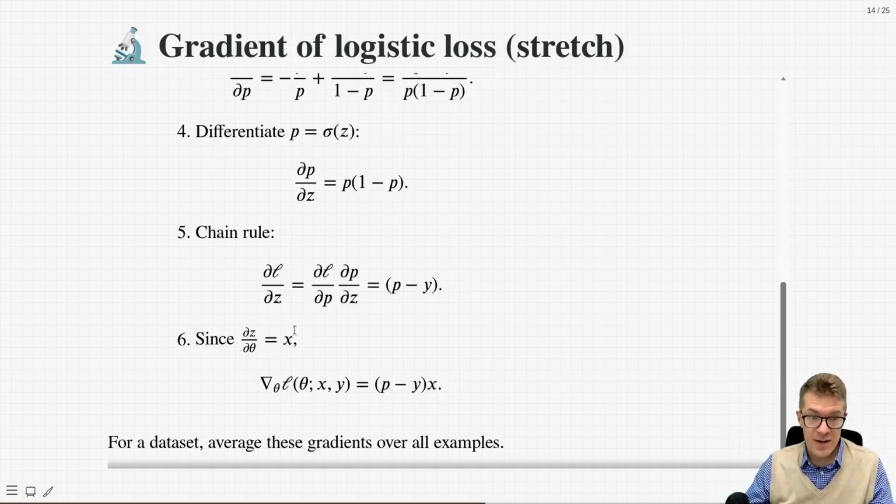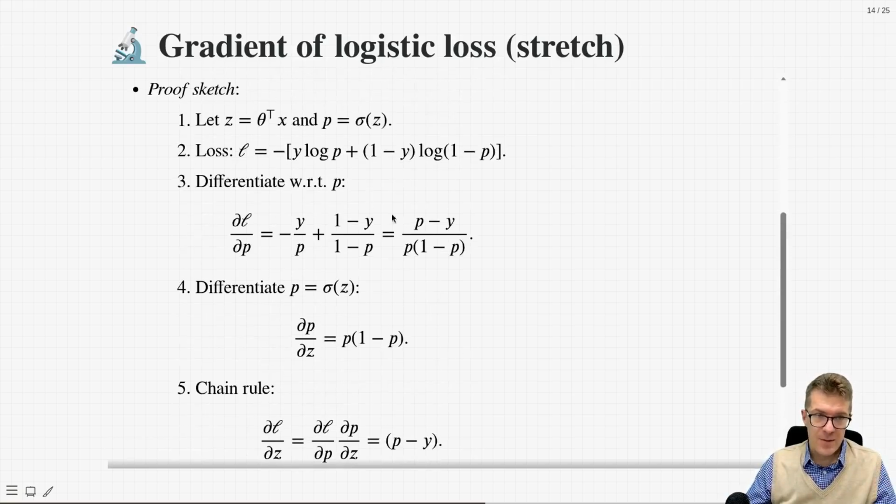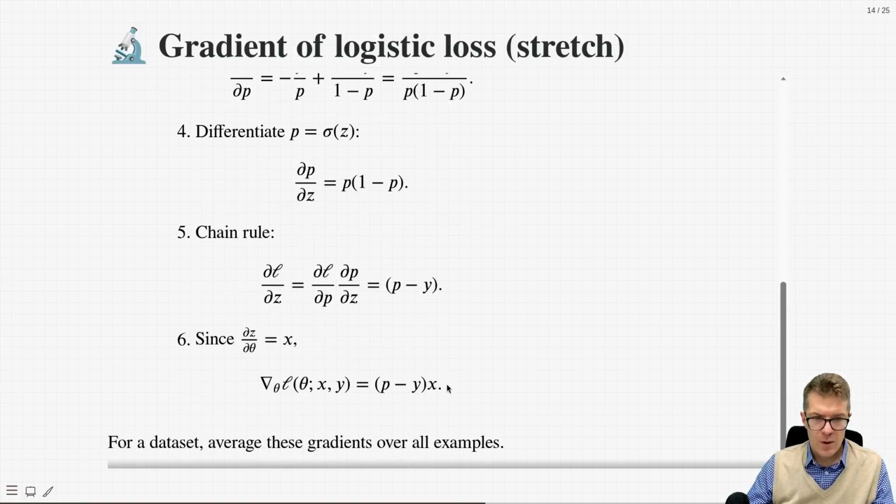So the differential of z now with regards to theta is just going to be x, okay? Because remember, z is just a linear function of coefficients in theta and x, and in the differential of all of this, anything without an x will disappear, and I'm left only with x at the end.